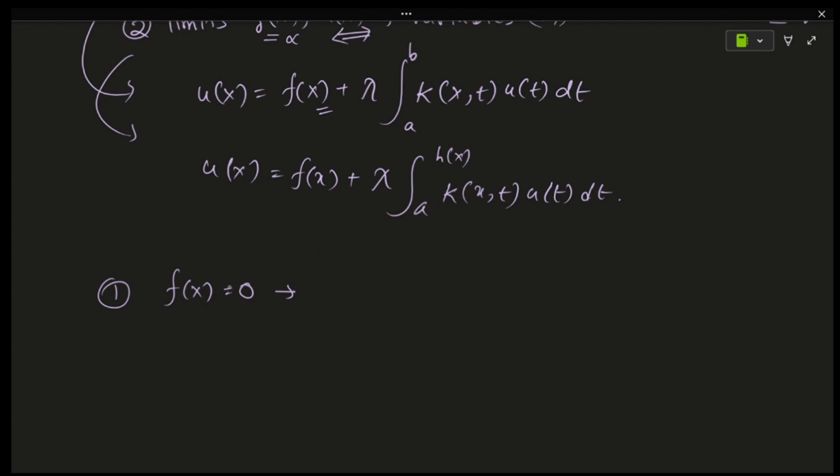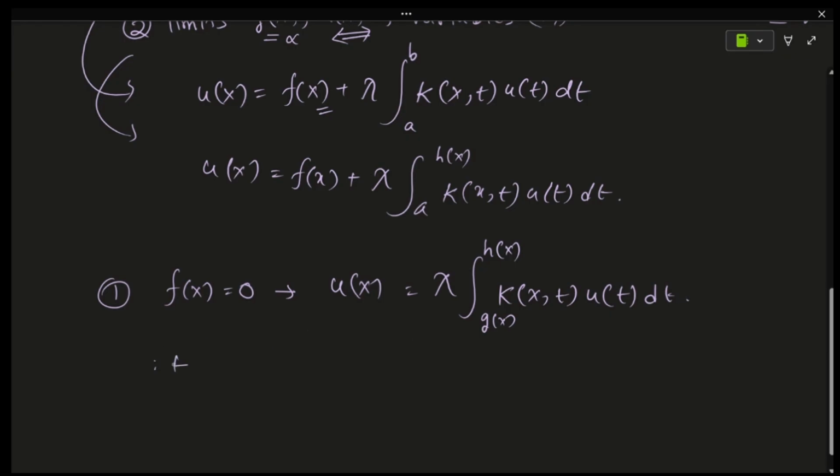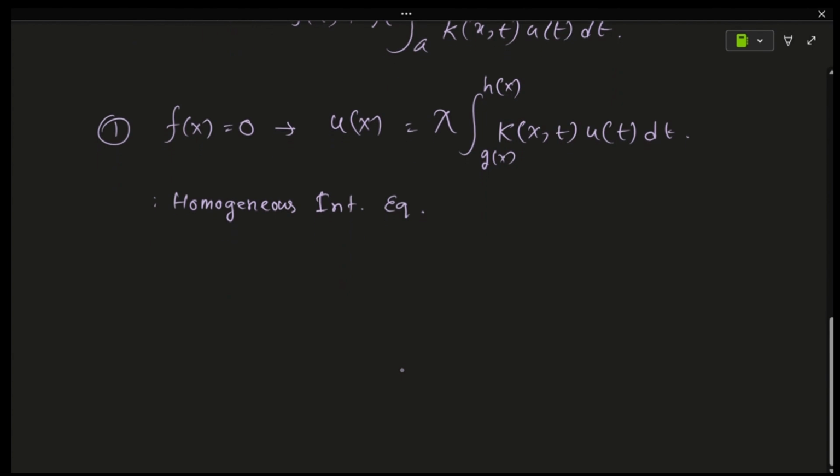If f of x equals 0, the integral equation will look like this. Just going to write the generalized way: K(x, t) u(t) dt. So this is called homogeneous integral equations, okay? This is the structure of a homogeneous integral equation.